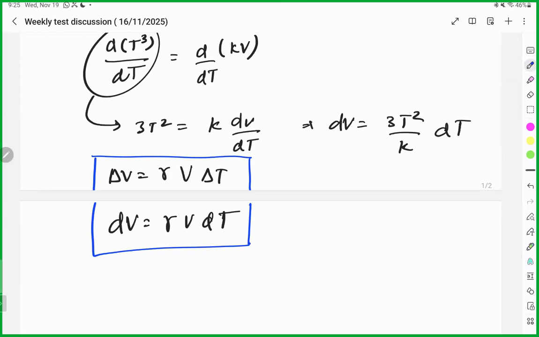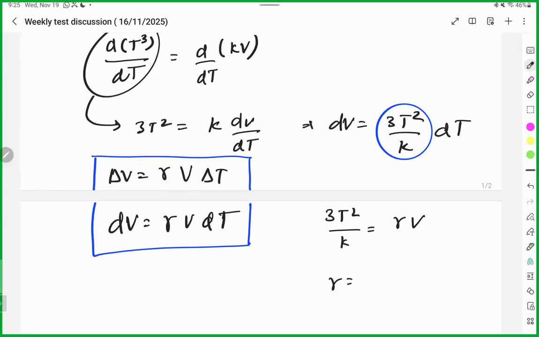Correct. So can I say this form is equal to what? 3t square by K is equal to gamma V. Correct.